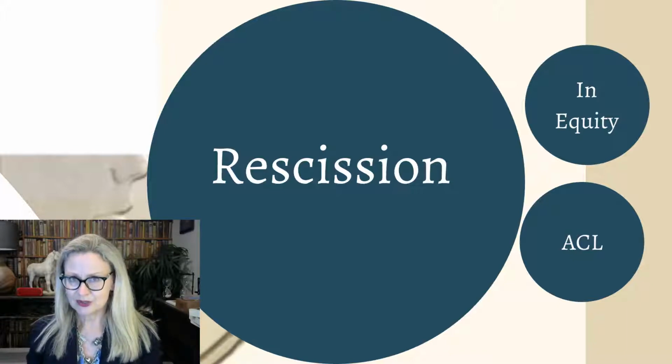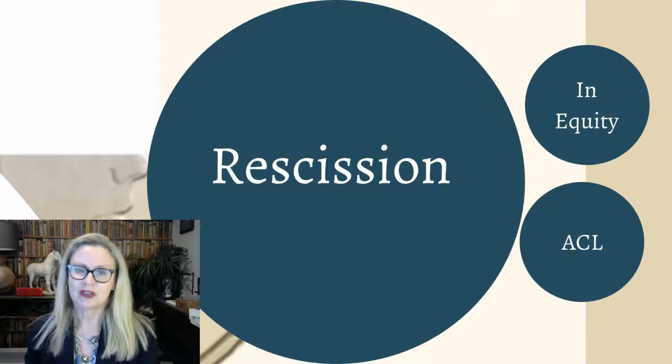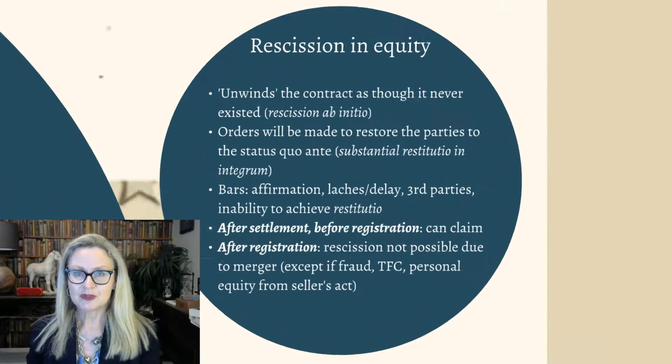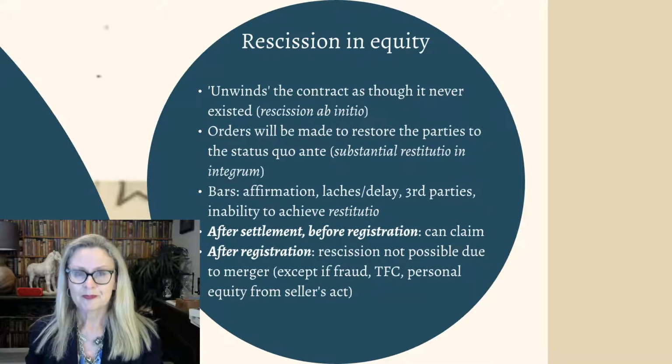And you can also get rescission under the Australian Consumer Law for misleading or deceptive conduct. But obviously that is a statutory remedy rather than rescission being the usual equitable remedy. In terms of rescission in equity, we know that it unwinds the contract. We've just talked about that in an earlier video in this video series. Orders are made to restore the parties to their status quo ante.